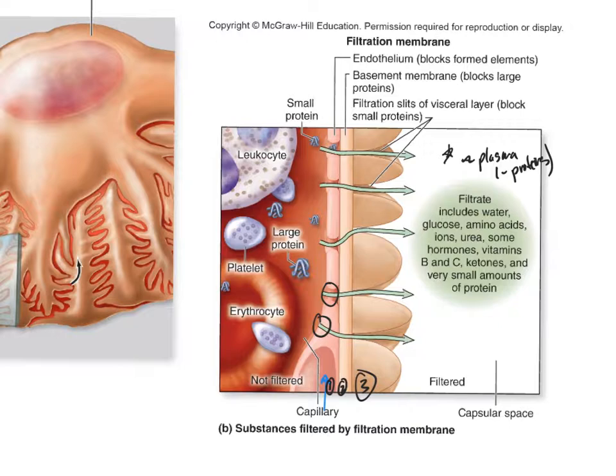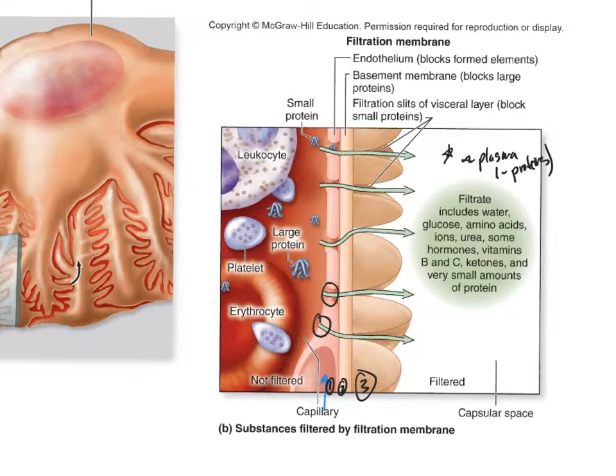So the filtrate we're talking about here is not urine yet. Okay? It's actually less concentrated than urine. All right, it includes water, glucose, amino acids, ions, some urea, some hormones, vitamins B and C, ketones, whatever can be found in the blood plasma without the proteins.